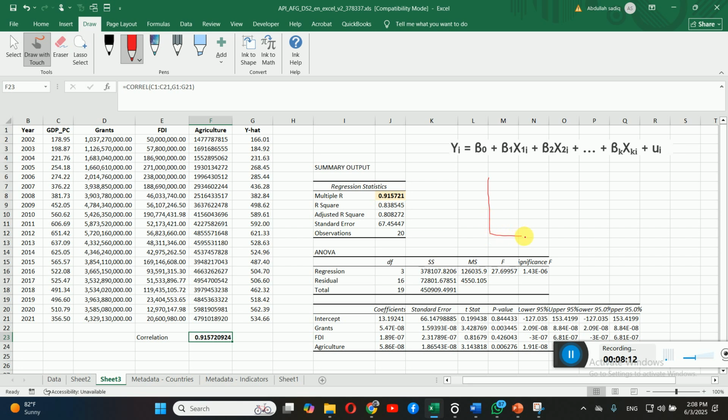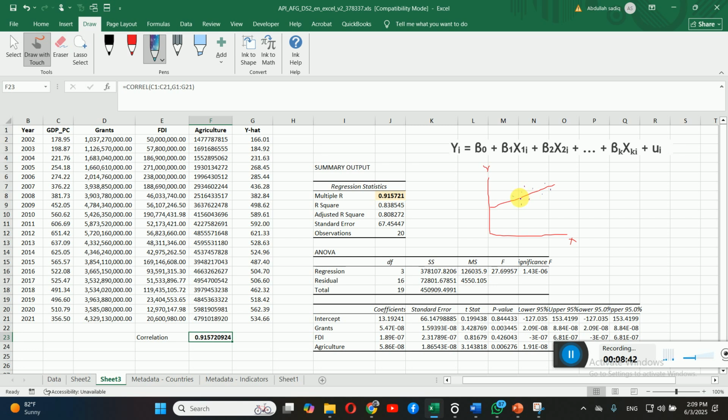This is the x axis, and this is the y. Now this is the slope. Now if I plot the actual points, you can see these are the actual points, and they are deviated from the regression line.